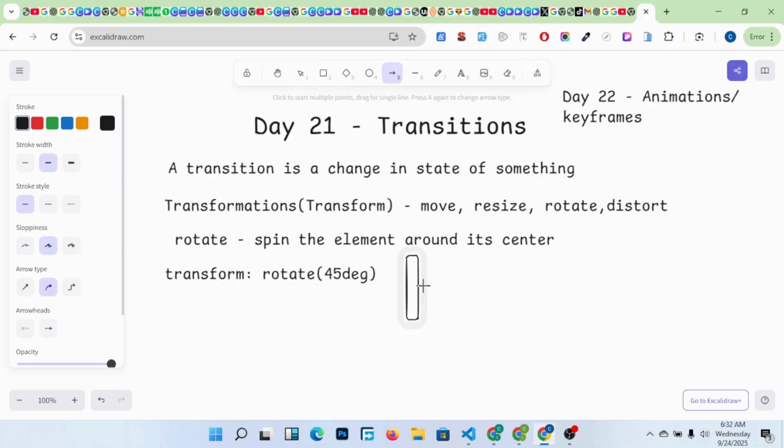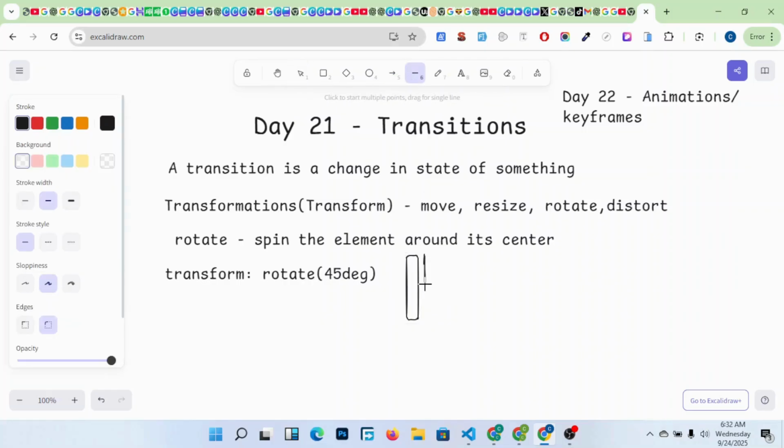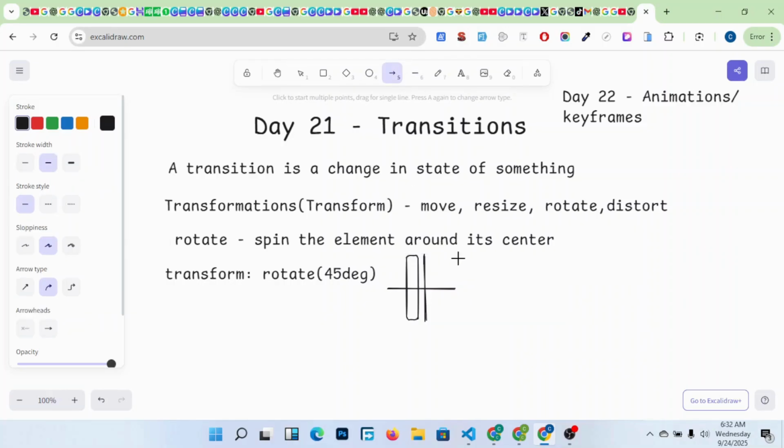And what does 45 degrees mean? By default, you know that there is something like this. So that means 45 degrees. You see how it looks like, that rotate 45 degrees. It will almost rotate like something up to around here.